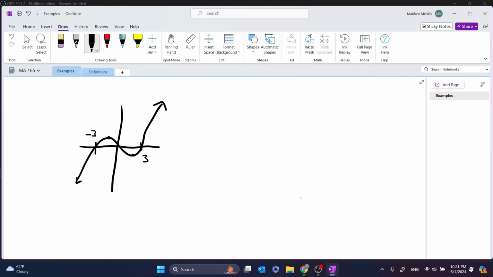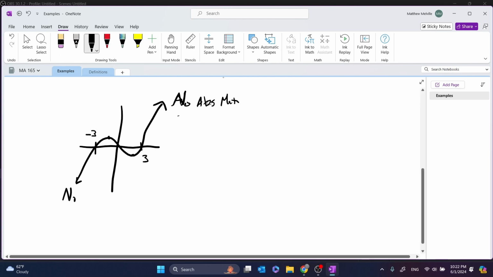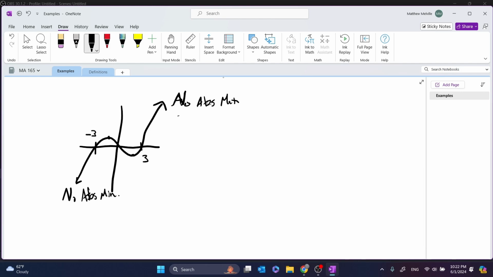But if we look right here, because this is going up forever, there's no absolute max. And then over here it's going down forever, so there's no absolute minimum either. So we have no absolute maximum, no absolute minimum.